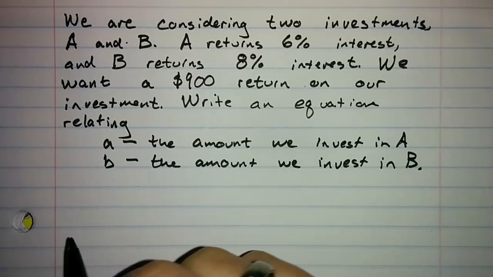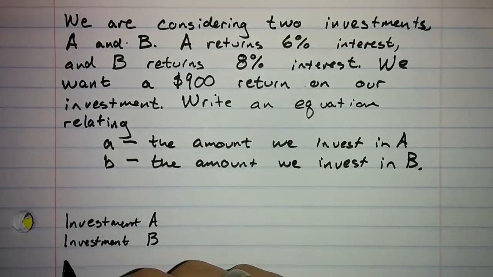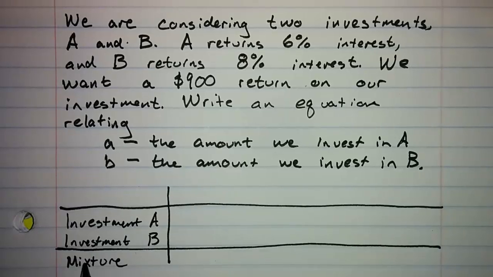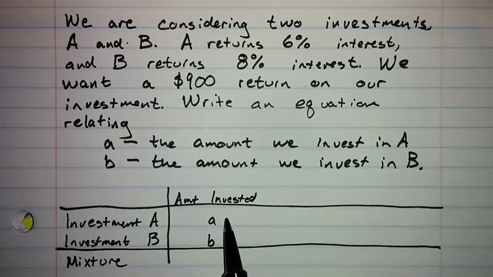We have a row for each of the parts, and we have a row for the mixture. I think it's important to label these because this is a device for organizing our thoughts. We want all of our thoughts written down on the piece of paper. I like to put a line between the two parts and the mixture also, because it helps me see what I'm doing. The amount we invest in A is A, the amount we invest in B is B.